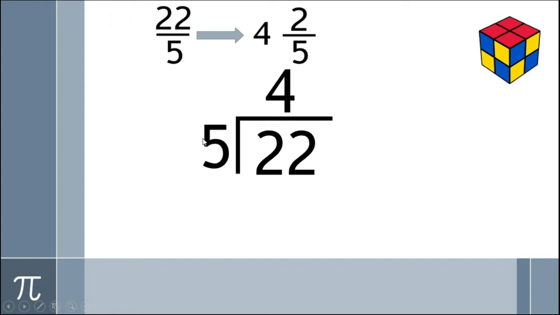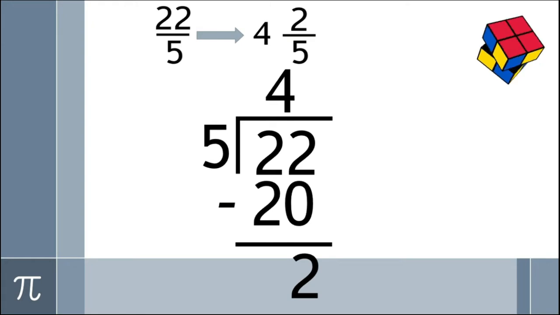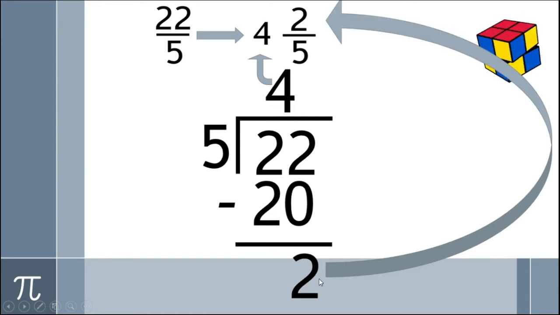So, 4 times 5 is 20. Subtract 20 from 22. 22 minus 20 is equal to 2. Yung quotient, yun ang inyong magiging whole number. Yung remainder, yun ang inyong magiging numerator. Kaya ang 22 fifths, kapag ginawa ninyong mixed number, ang sagot ay 4 and 2 fifths.